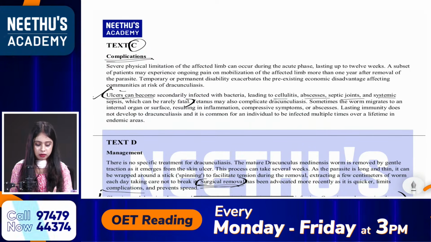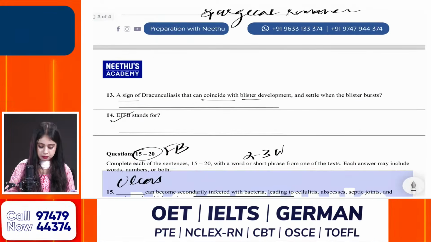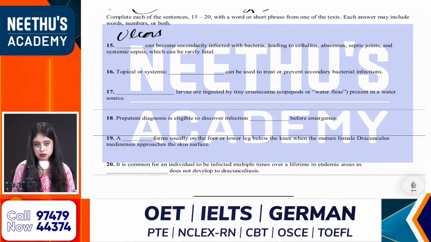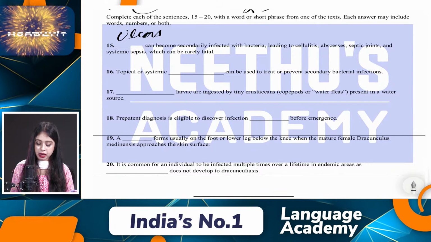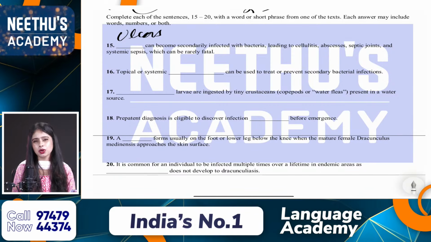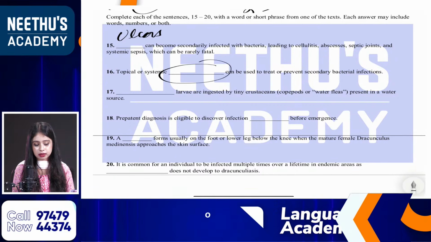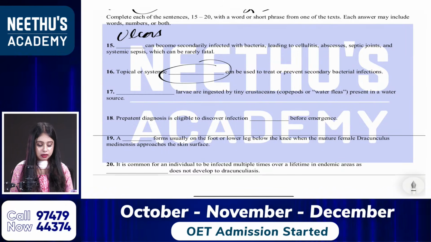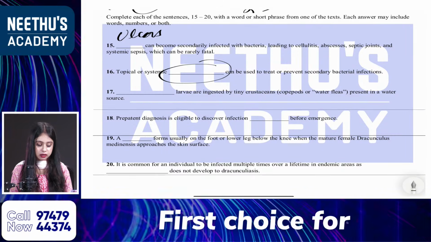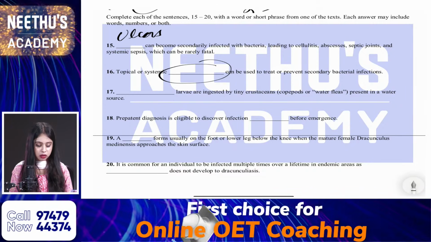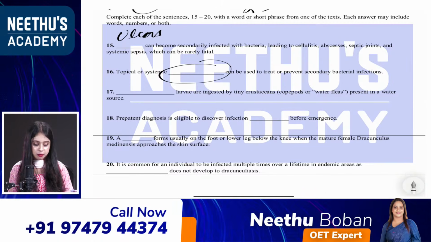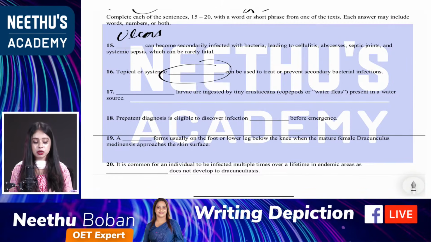Okay, and next question: topical or systemic dash can be used to treat or prevent secondary bacterial infection. So topical or systemic what? Very good. Yes, ulcers, yes Reenu. Yes, fever, the previous question it was fever. Okay, Ashwati, Shilpa, Monisha, Aisha. So what about the 16th one?